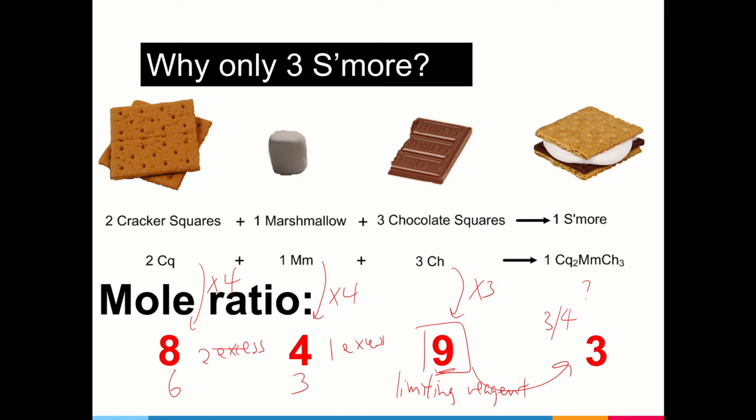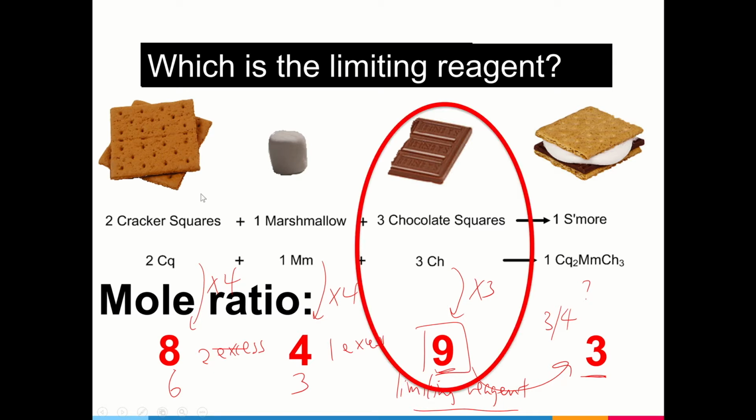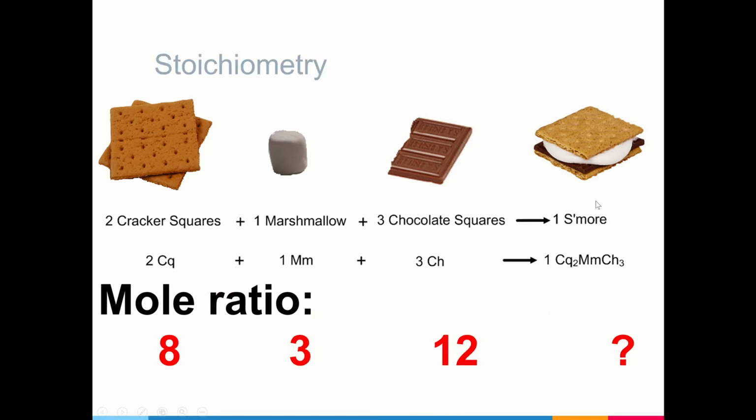In this scenario, we don't just have exact amounts; in fact, we have 2 of them in excess. The amount of s'mores that I can make depends on my limiting reagent. So I can identify the limiting reagent as my chocolate squares, and the excess will be cracker squares and marshmallows.